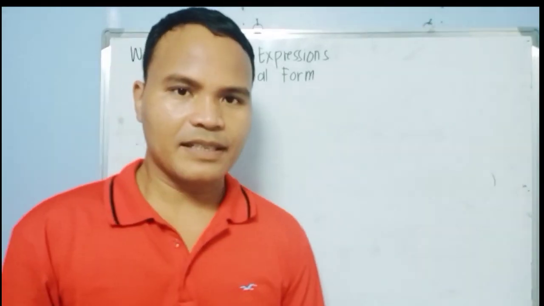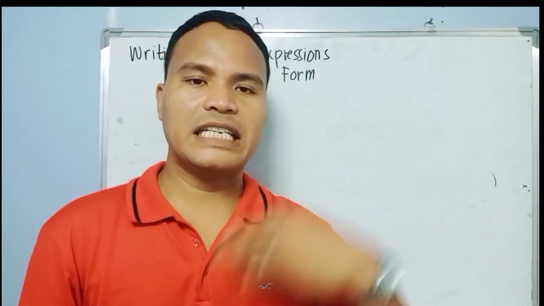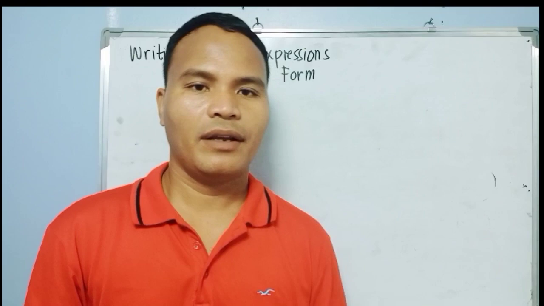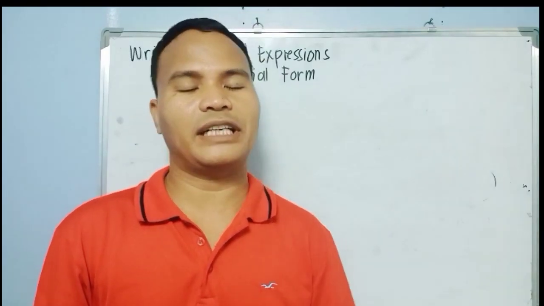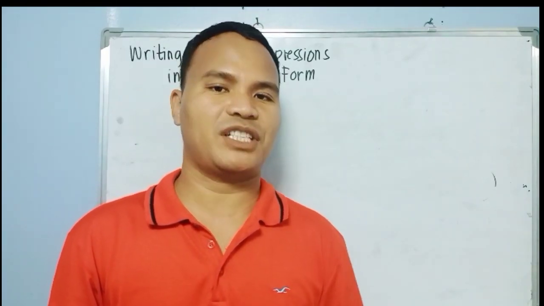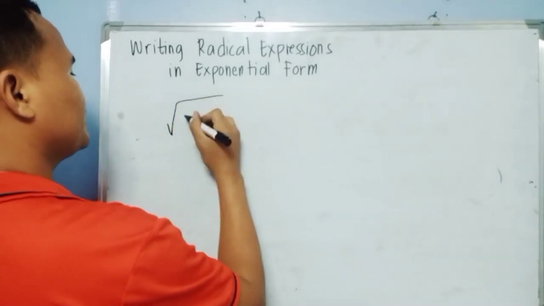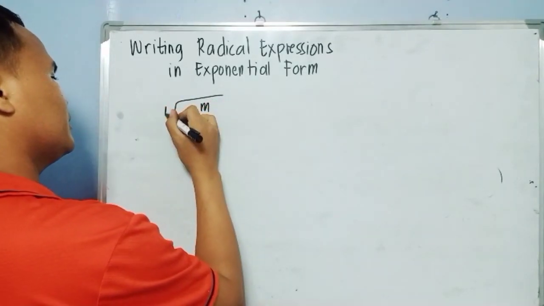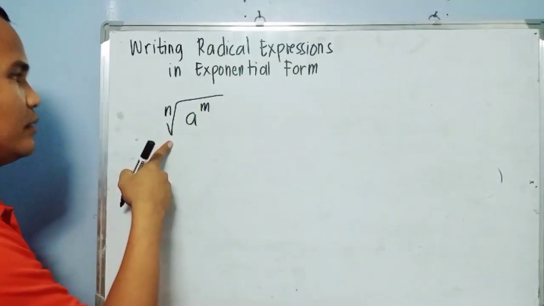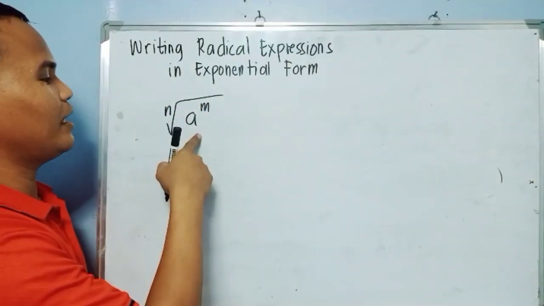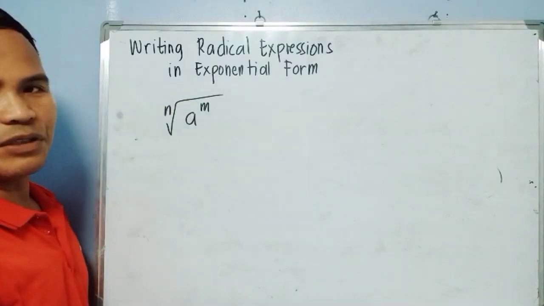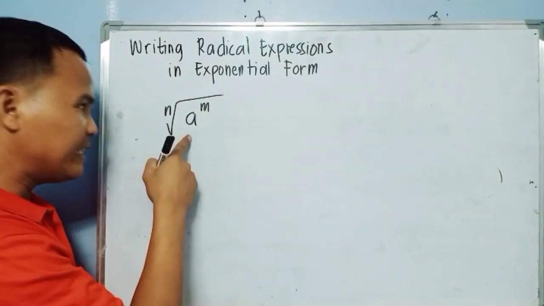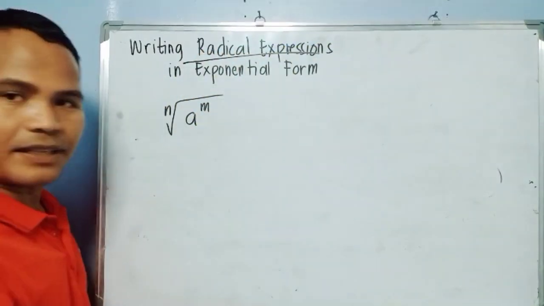Okay, in this time, let us reverse the process. Given the radical form, we are going to rewrite or express it into its exponential form. Let's say, the nth root of a raised to the power of m. This is a radical expression.